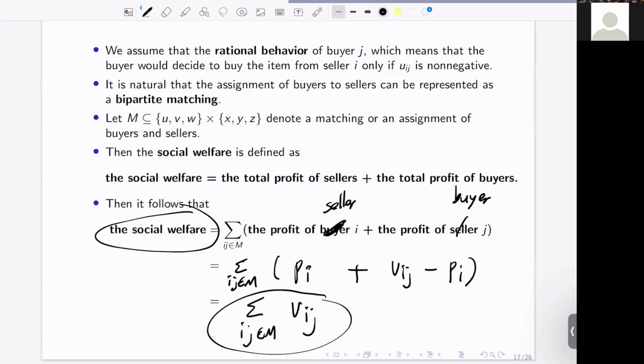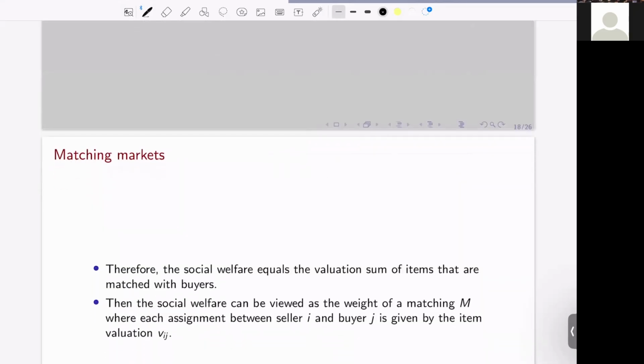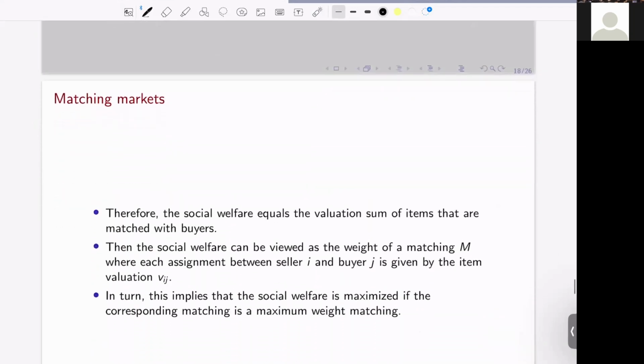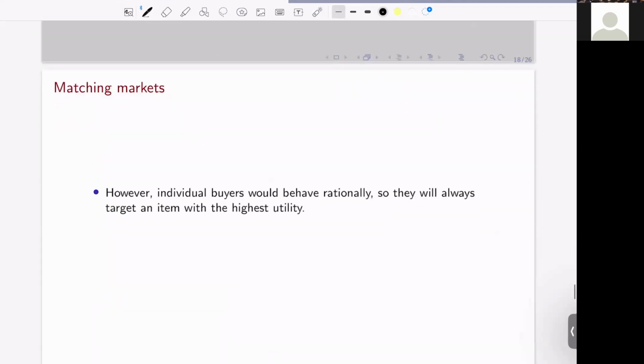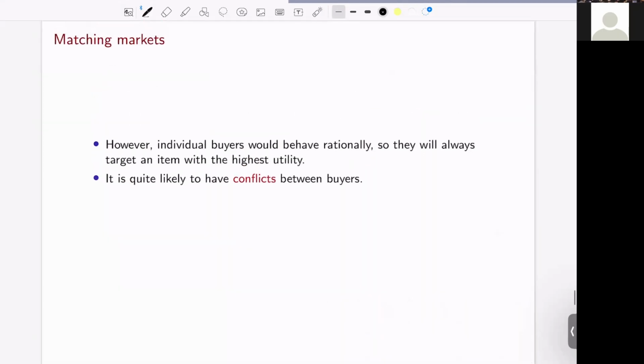Okay. So now I'll explain how to do this. Individual buyers have preferences, but it could be that there are some conflicts between buyers. Maybe two buyers like the same item the most.